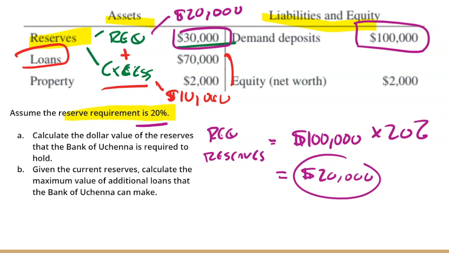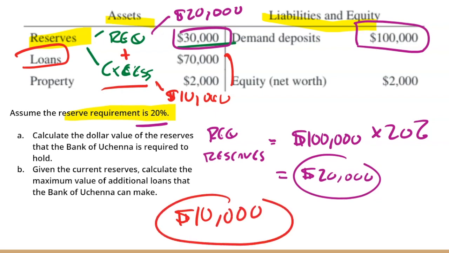And remember, what the bank loans out can be entirely found in our excess reserves. So if there's $30,000 in total reserves and $20,000 of those dollars the bank needs to hold on to because of the required reserves, the bank can make an additional $10,000. Or in other words, the $10,000 found in the bank's excess reserves.